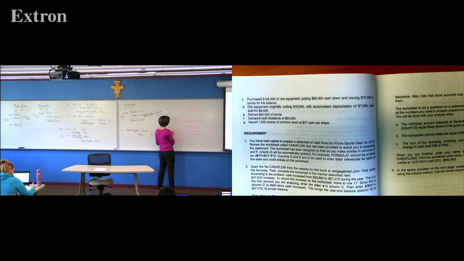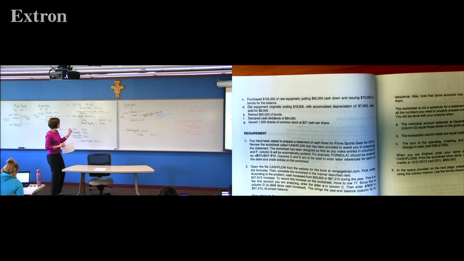This cash amount is an amount of money that we're getting because we sold shares. That falls under financing, and it's going to be a plus because we've got a cash inflow in that case, not a cash outflow.